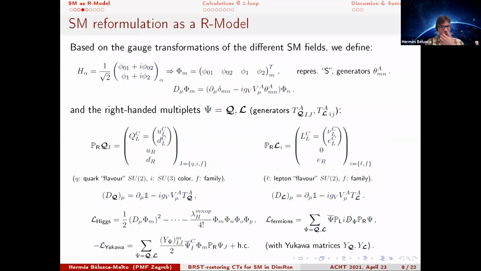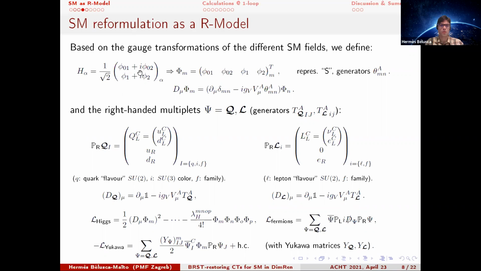So to do the reformulation, what I want here is that we base the calculation on real scalars and fermions. So we want basically to reformulate the Higgs complex doublet into a scalar multiplet.